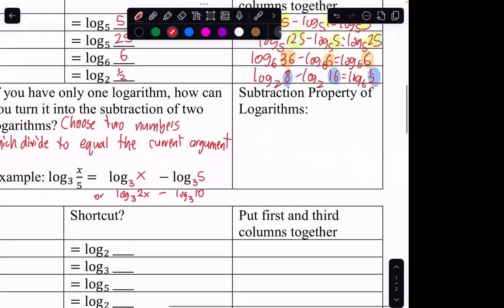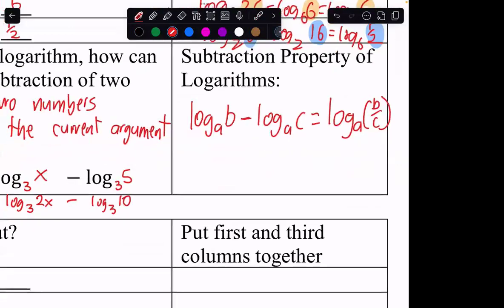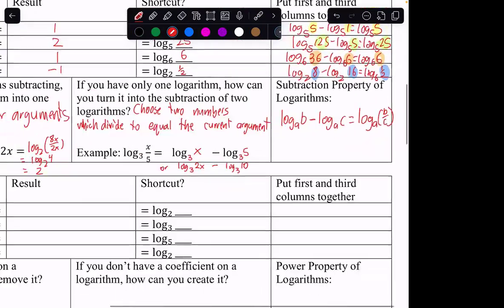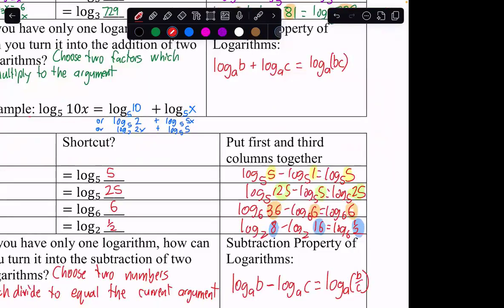Okay, lastly, in symbols, if you had log base a of b minus log base a of c, you keep the log with base a, but now the argument is b divided by c. I'll just put parentheses over here to make it cleaner.